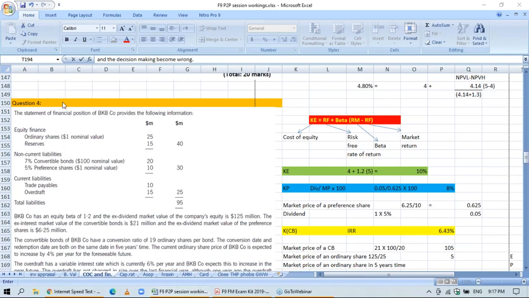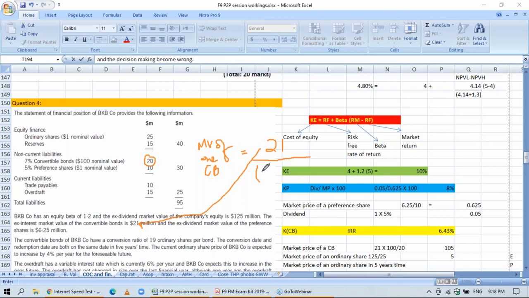To calculate market value of one convertible bond, do it like this. Take 21 million first. 21 million is the market value given in the question. It's here, right? And then divide by the number of bonds. 21 should be divided by the number of bonds. So how will you get the number of bonds?